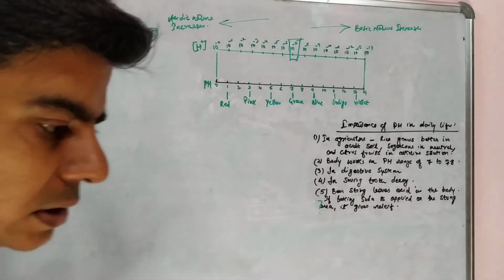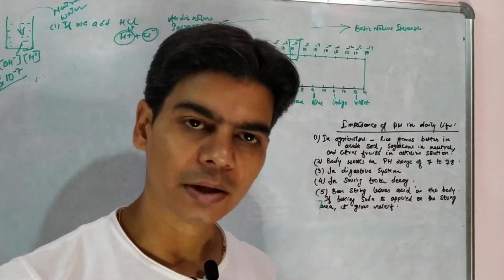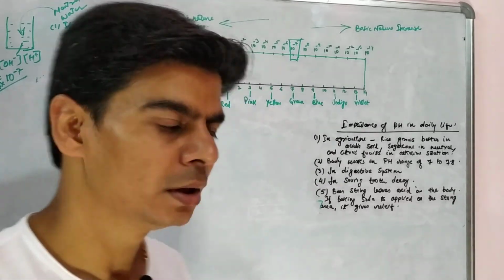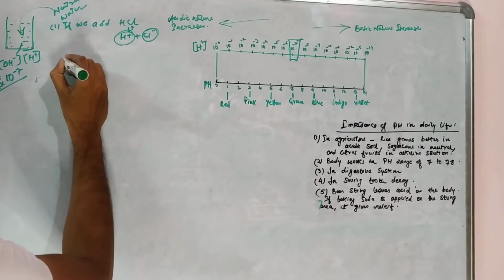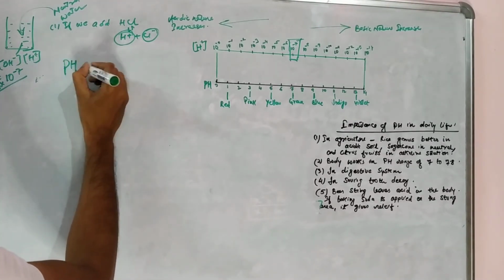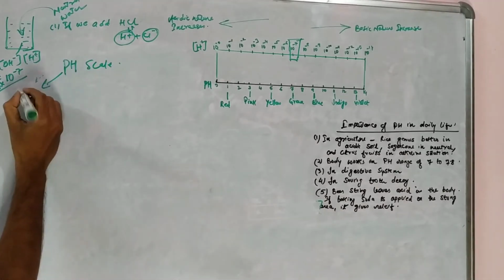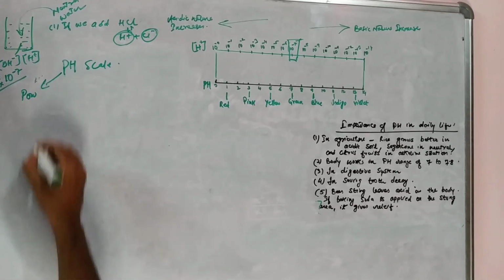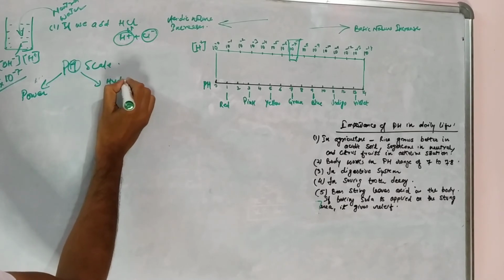Now, to determine the acidity or basicity of a solution, a Danish biochemist, Sorensen, developed the pH scale, right? In pH, P means potens, a German word meaning power, and H is hydrogen.